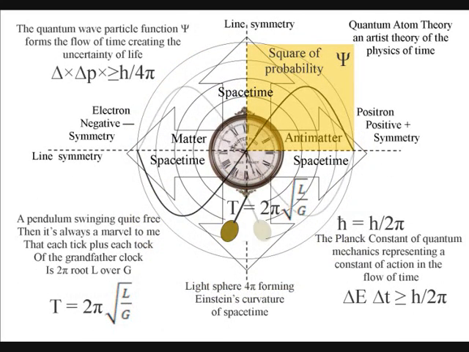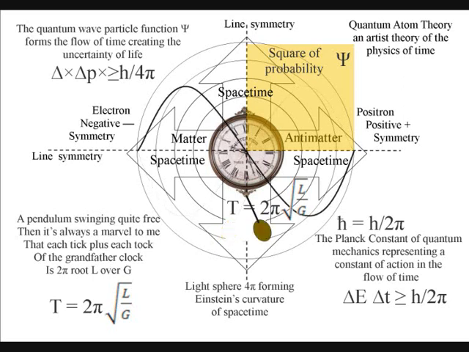In the lower right-hand corner of the diagram, we have the Planck constant, h/2 pi, representing a constant of action in the dynamic process that forms the arrow of time. Also, we see Heisenberg's uncertainty principle reformulated with energy and time, with 2 pi representing the timeline, instead of 4 pi representing three-dimensional space.